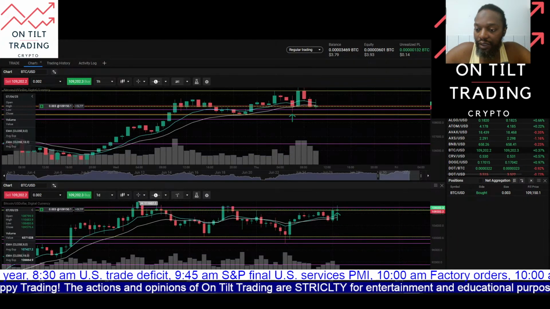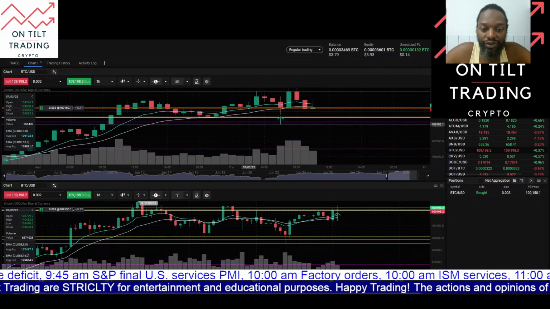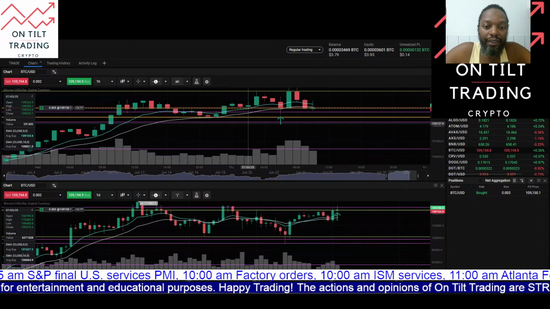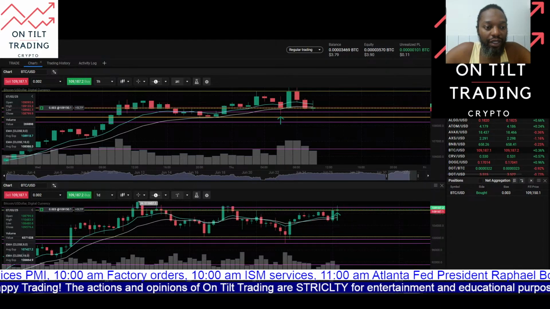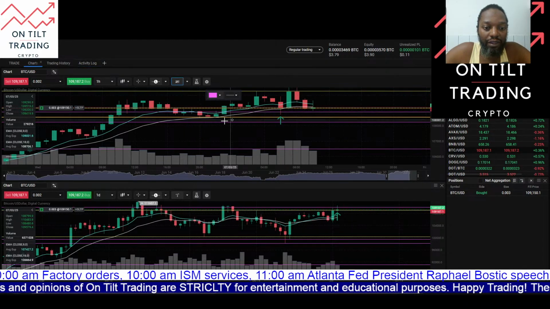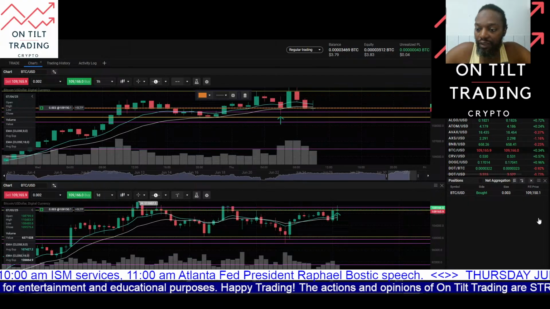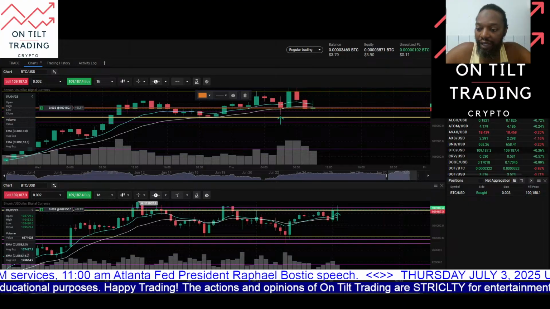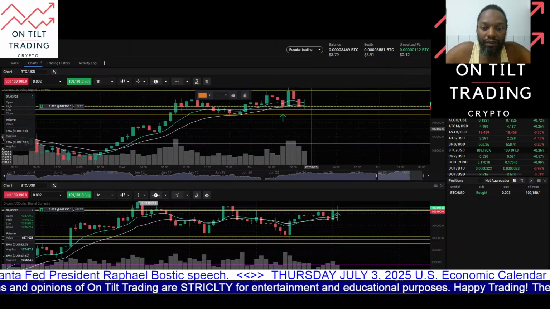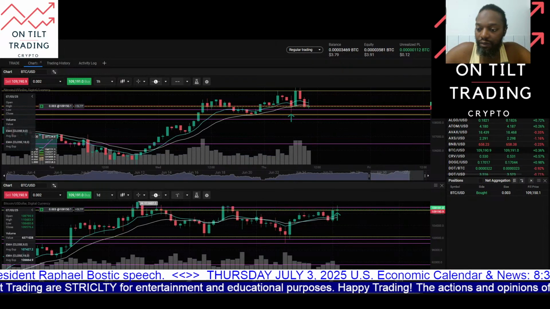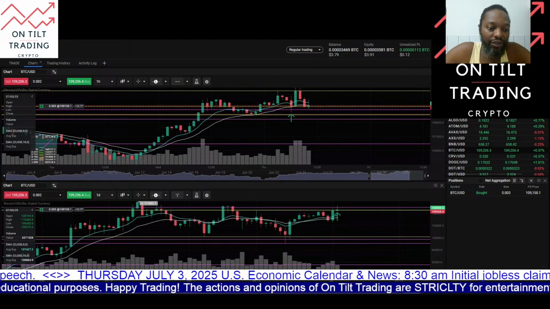Then I would want to see a market structure shift or break of structure or an optimal trade entry. So what we have here, price action wise, let's go over this. Actually, let's go with the initiation of the crossover.